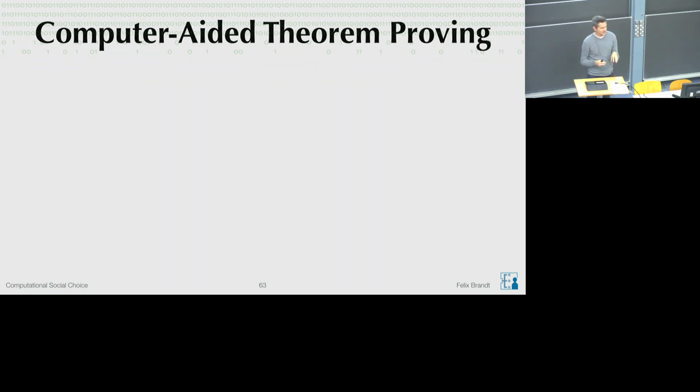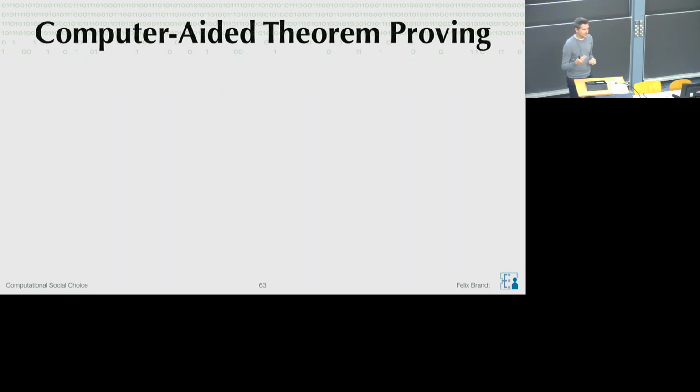And then, of course, what is missing to prove Arrow's theorem in full is that you need to extend this result to larger number of alternatives and larger number of voters. And this they did by manually proving an induction step. Okay, so there are 2 different dimensions here, so m and n. So m is the number of alternatives and n is the number of voters. So basically what they did, they proved that if there is a function that satisfies the axioms for any m and n, then there's also such a function for m minus 1 or n minus 1.